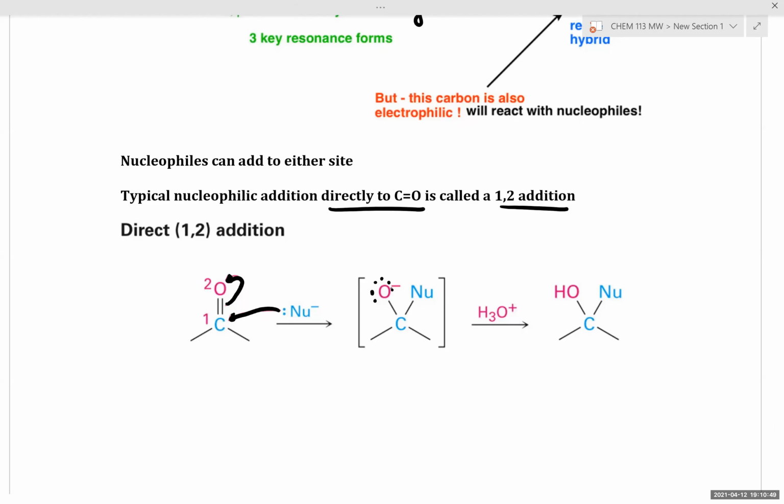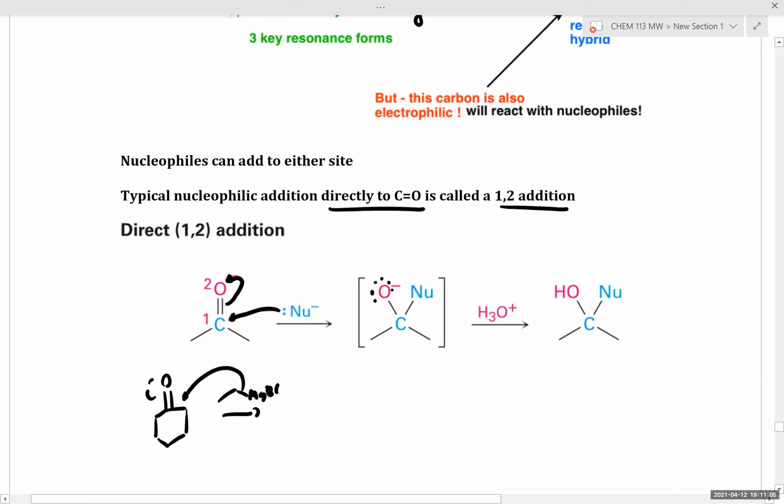So an example of 1,2 addition would be addition of a Grignard reagent into a carbonyl. For example, if you have this cyclohexyl ketone and you treat it with ethyl magnesium bromide, you'd be able to cleanly isolate the 1,2 addition product.